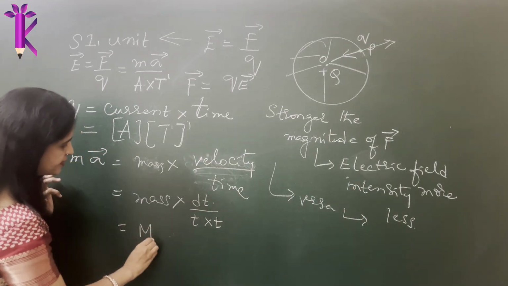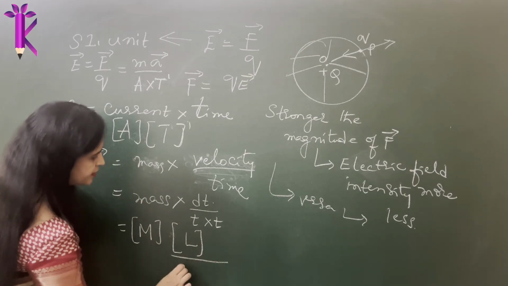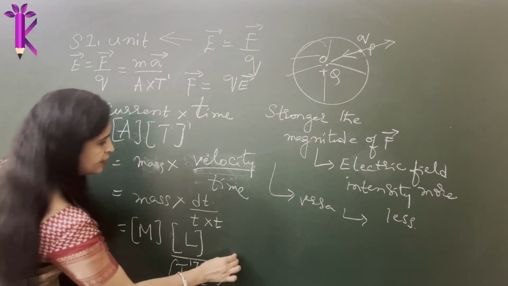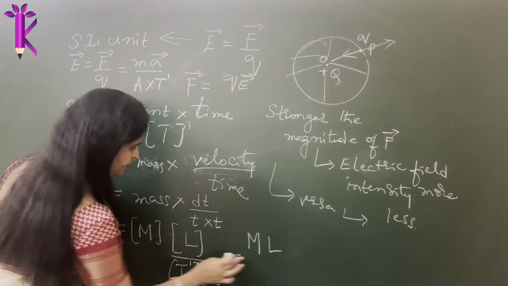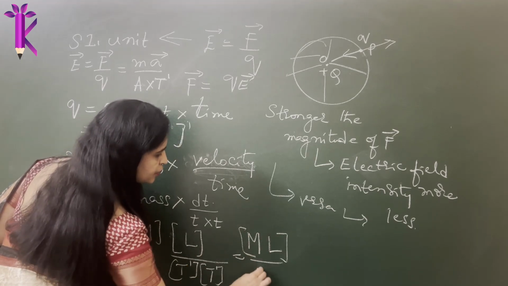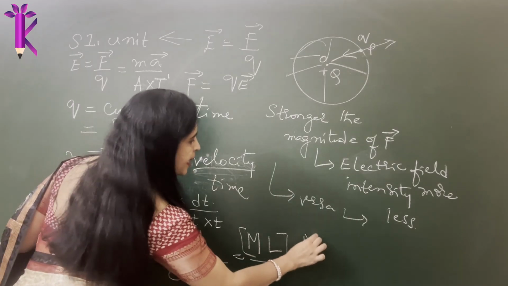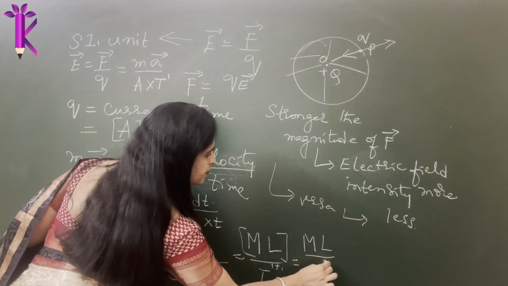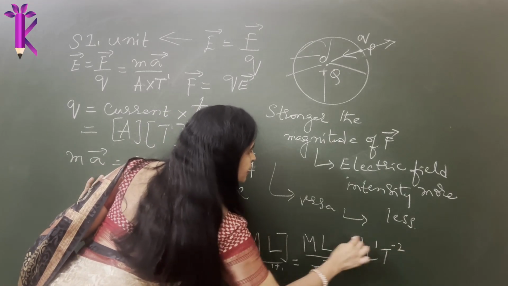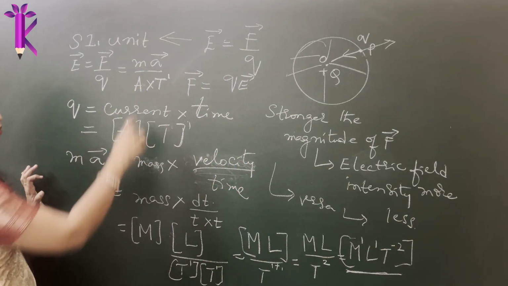So mass is m, distance is L, time is t into t, that will be t power 2. Bases are same, powers should be added, 1 plus 1. So this will be m L divided by t to the power of 2. This will be m1 L1 t to the power of minus 2. So this is what is for force.